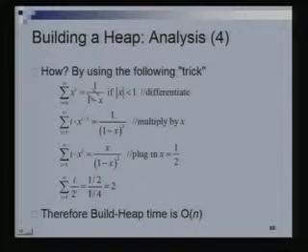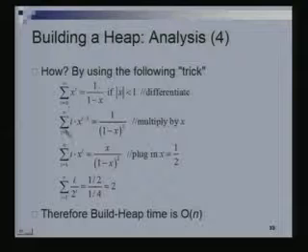So I have to argue that summation i over 2 to the i is 2, and this is a simple argument for that. So recall that summation x to the i going from 0 through infinity is 1 over 1 minus x if x is less than 1. And now if I just differentiate this, I get i times x to the i minus 1, i going from 1 through infinity.